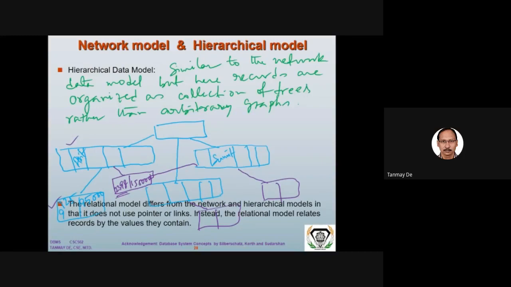But in case of network data model and hierarchical data model, the data are represented by records, but the relationships among the data are represented by a link. But in case of relational model, relationships among the data are represented by a table, or more specifically, we can say by a record. Okay.